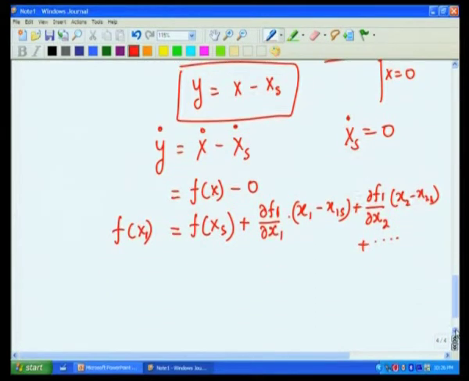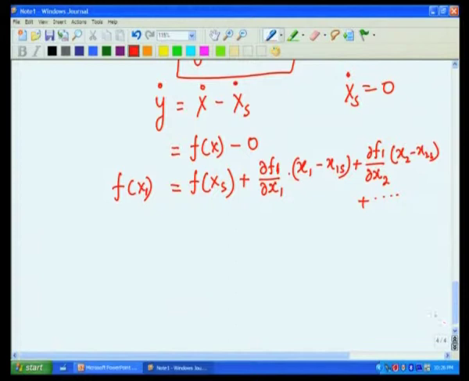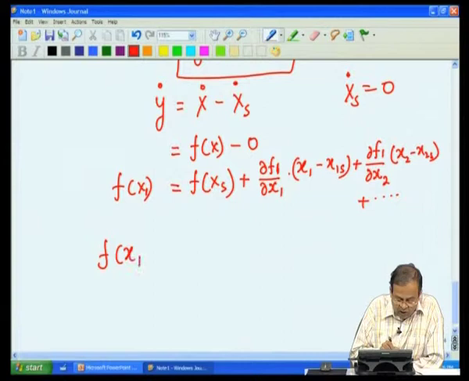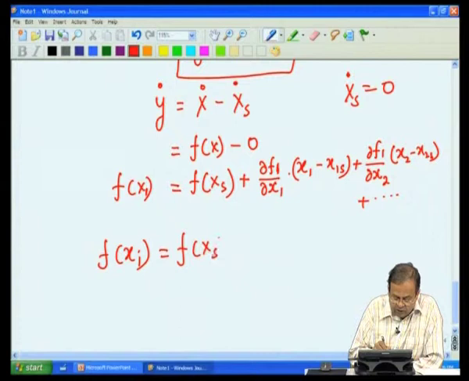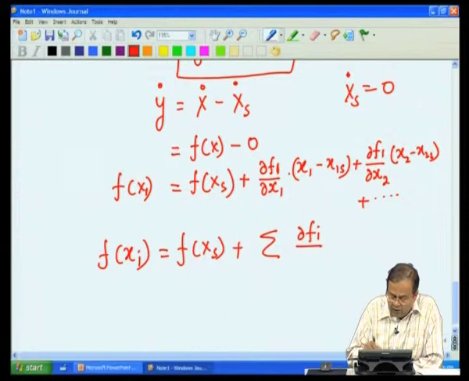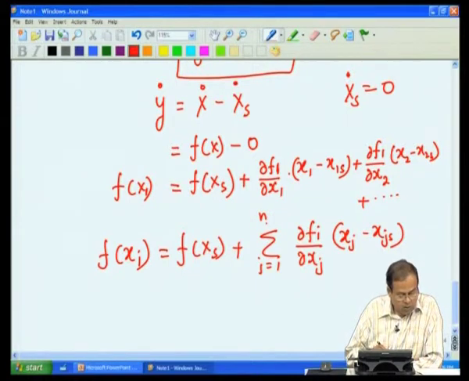Or in short, if I now generalize this, then I can write f of any x_i as f of x_s plus summation del f_i del x_j times (x_j minus x_j s), j going from 1 to n, plus I will of course have second order and higher order terms.